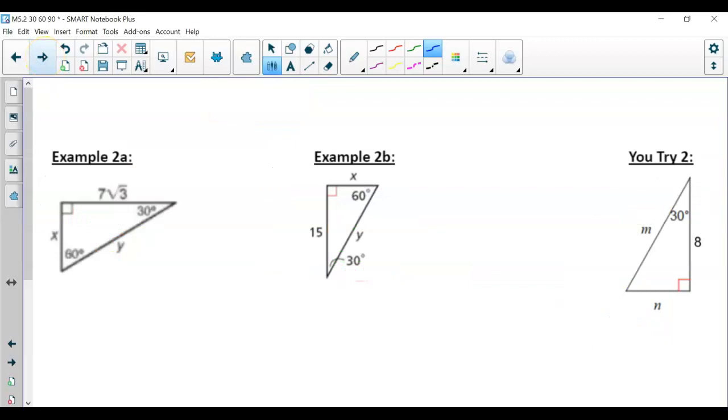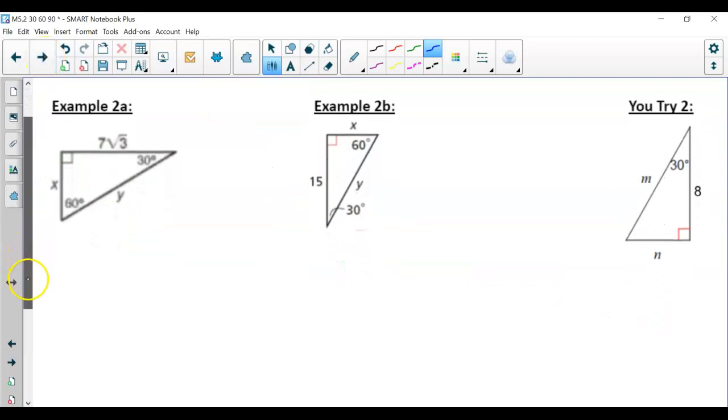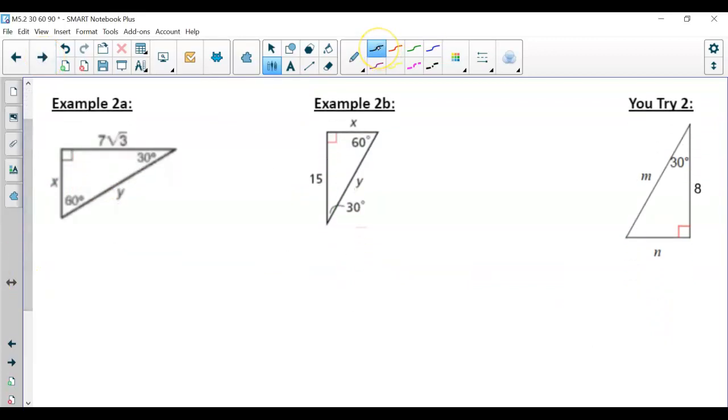So now let's go on to our next example. Here, opposite from our 60 is 7 radical 3. If you recall, for the long leg we always took the short leg's value and multiplied by radical 3. So what is the short leg?